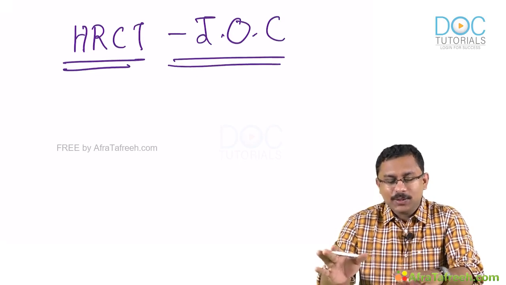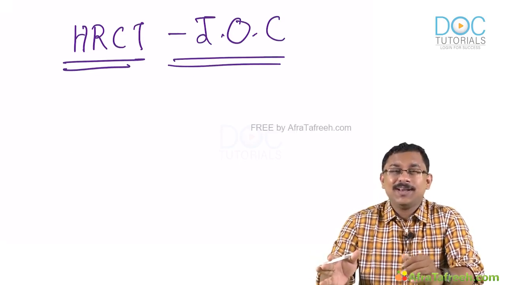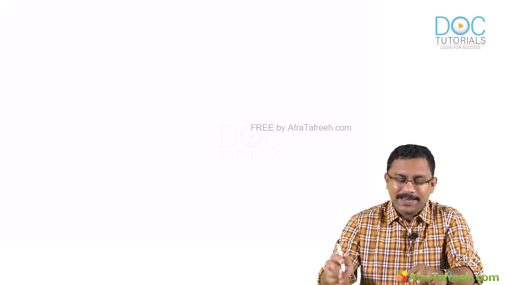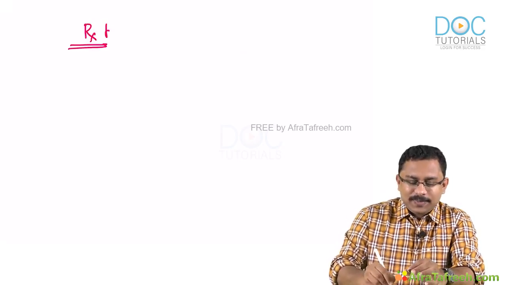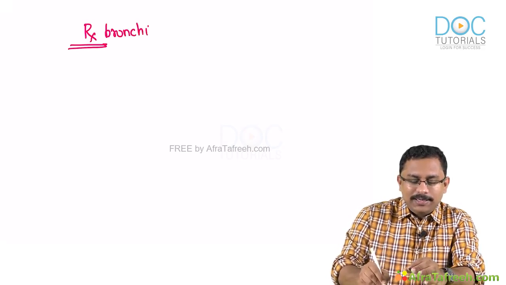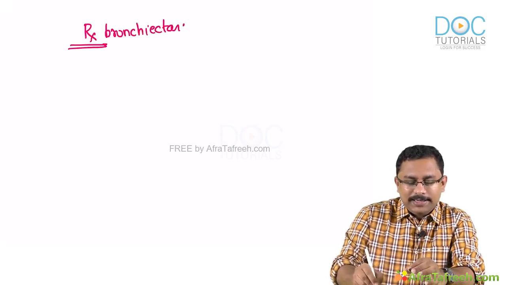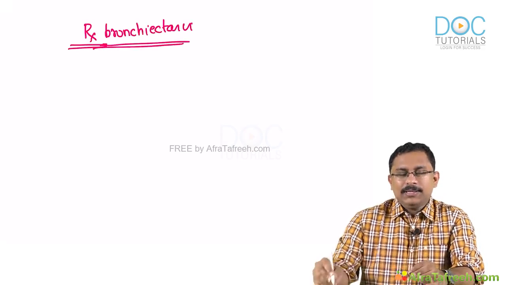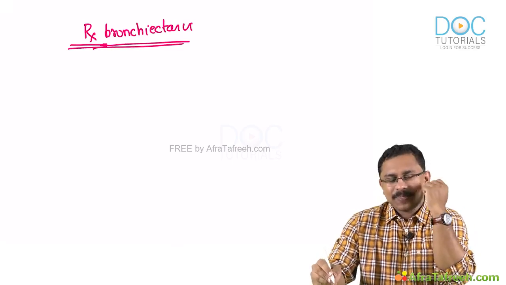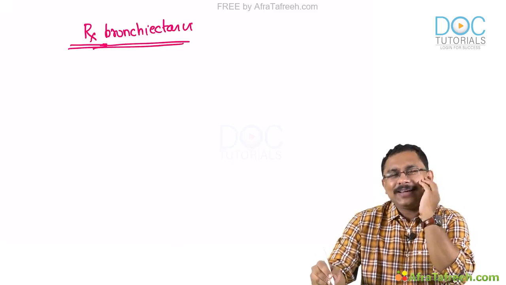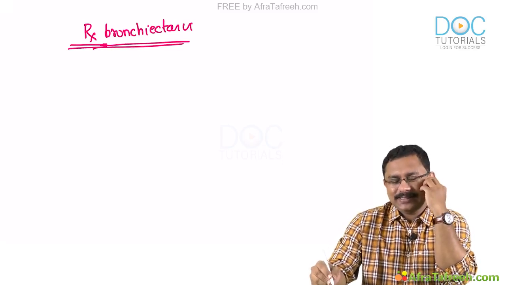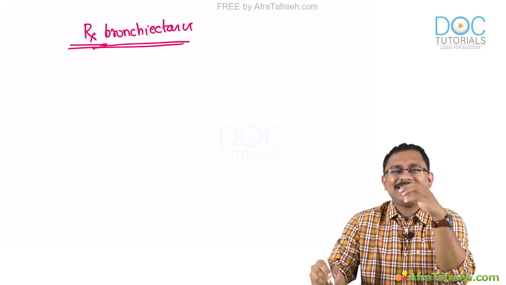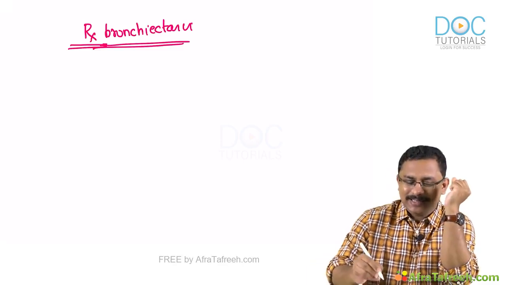So this is how you will work up a case with bronchiectasis, and next we are going to see how we will treat bronchiectasis. This is a chronic condition, correct? Remember that for the treatment of bronchiectasis, two most important subheadings are mentioned in Harrison.